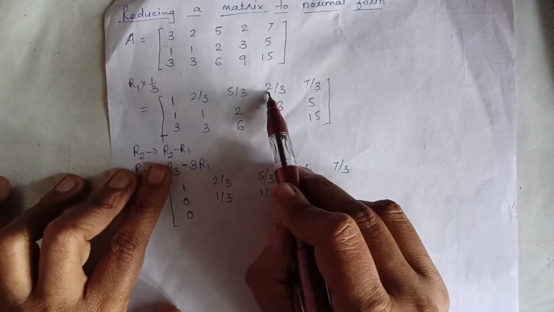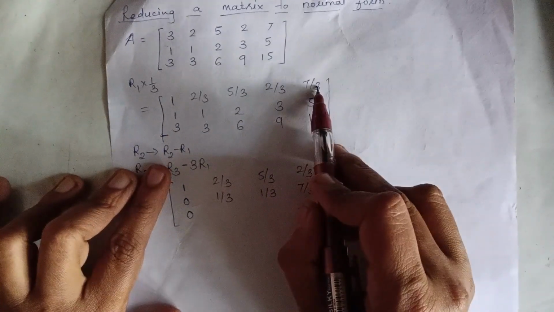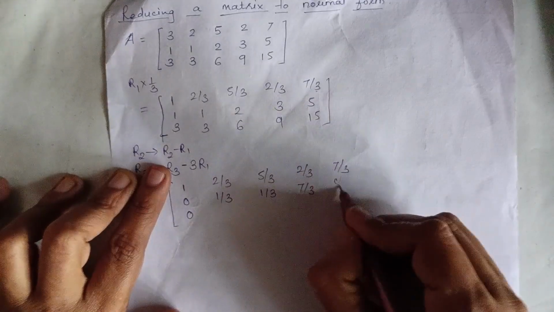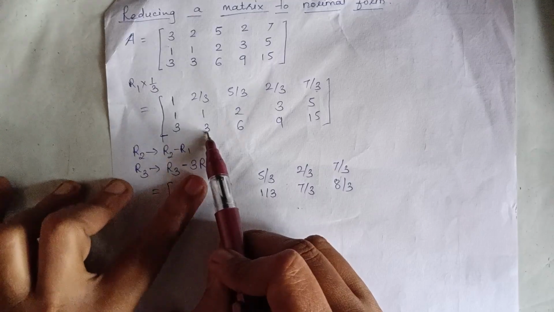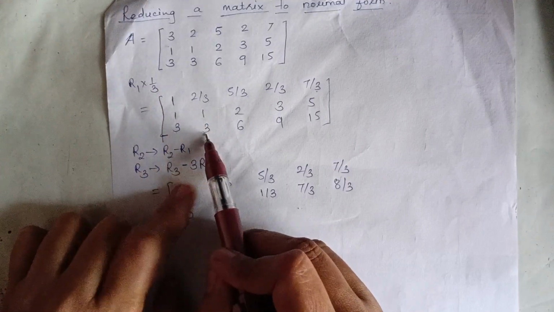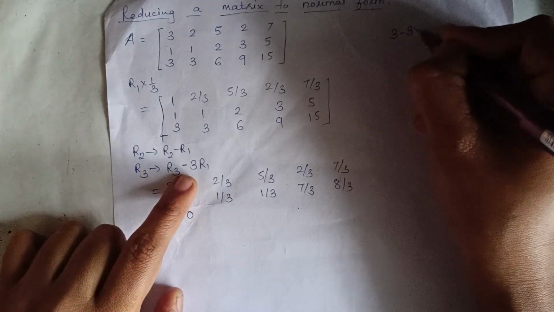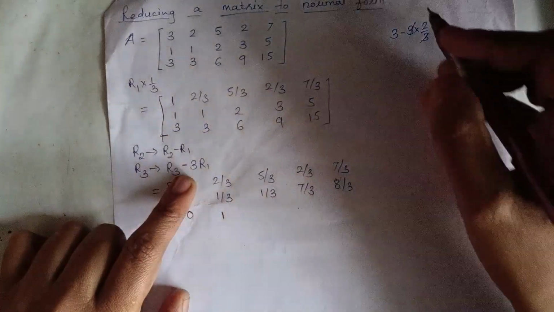This is a 9, 9 minus 2, 7. 5 minus 7 by 3, so 15 minus 7, 8 by 3. Okay. Then R3 minus 3R1. So 3 minus 3 into 2 by 3, so 3 minus 2, 1.